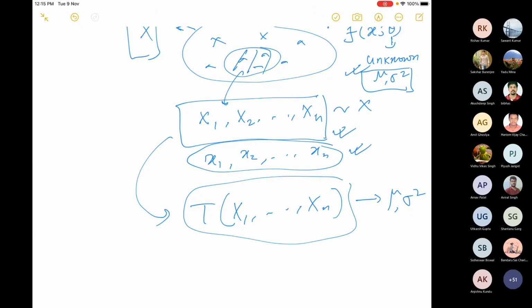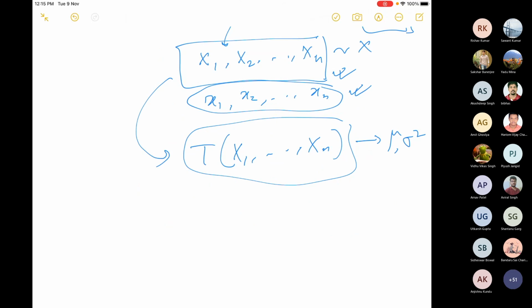Then we said, since we have been talking about point estimation, we do not know the exact value of mu and sigma, so of course there is a question of accuracy, because we do not know how much error there would be when we estimate this. So instead of point estimation, we started talking about what is called an interval estimator.